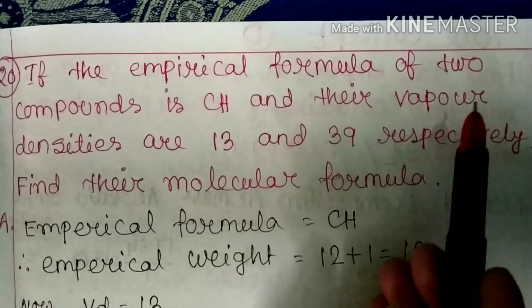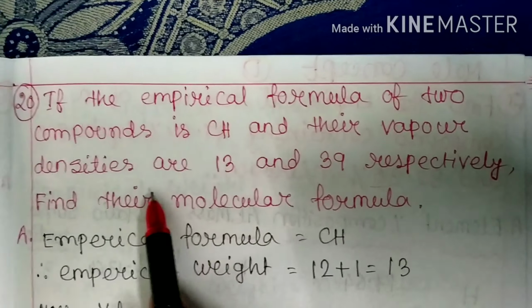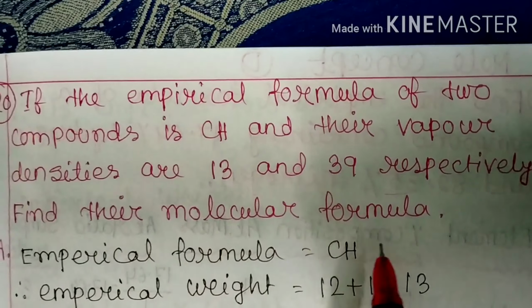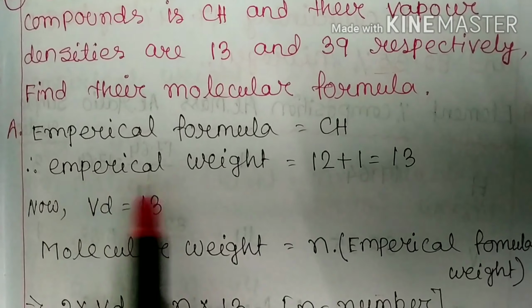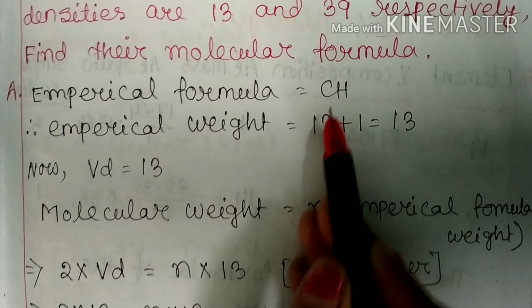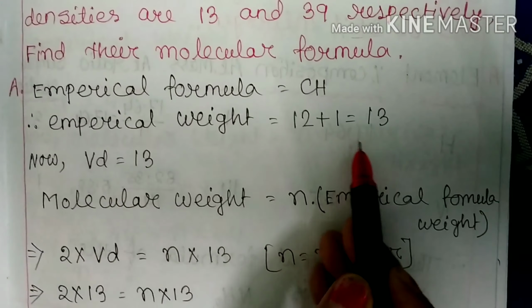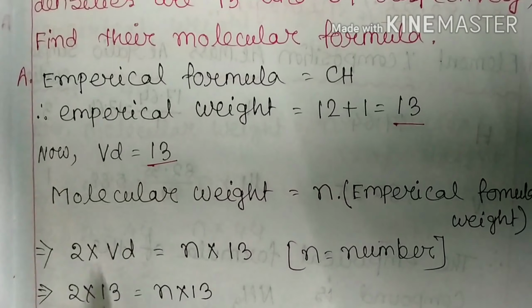Next 20. If the empirical formula of two compounds is CH and their vapor densities are 13 and 39 respectively, find their molecular formula. Empirical formula CH means empirical weight, for carbon mass number 12 and for hydrogen mass number 1 equals to 13. Now vapor density 13.